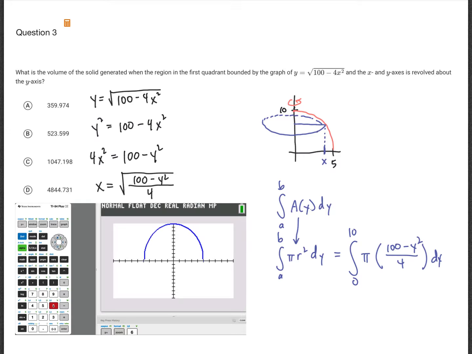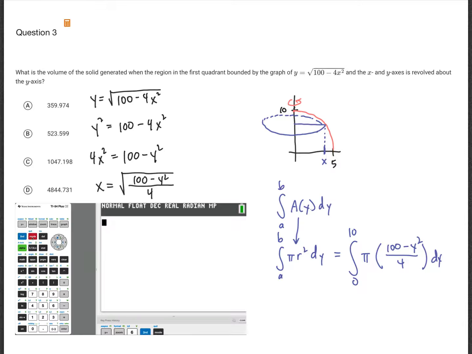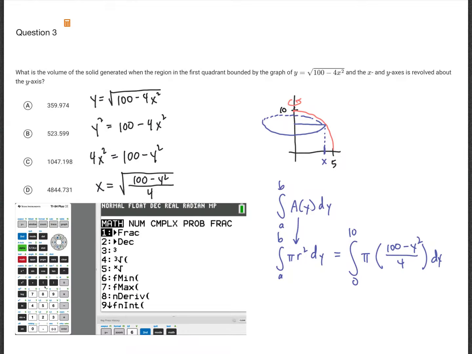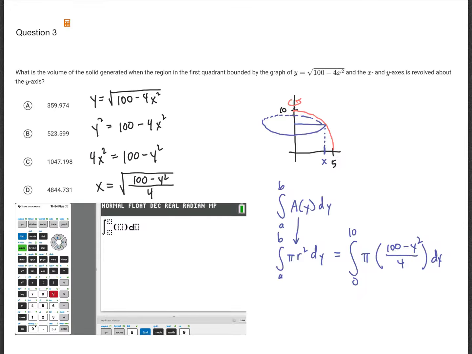Okay, so the calculator, we can only type in x's, but that's fine. And 0 to 10.